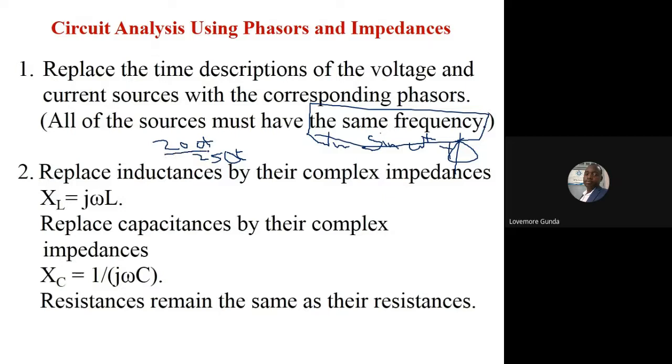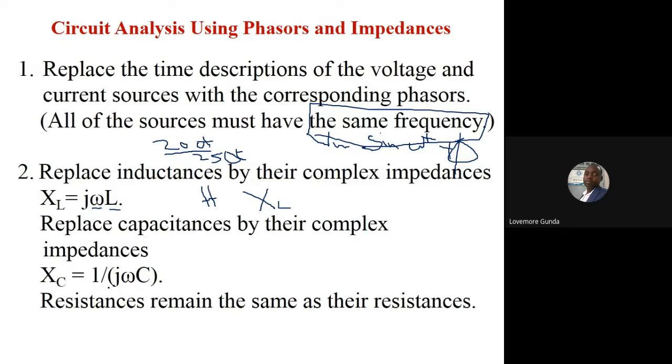So you need the same frequency to be able to convert them to phasors and still do your calculations. Replace inductances by their complex impedances. XL is j omega L. That means if you have something in henries, you multiply by omega to get your XL, which becomes your complex impedance.